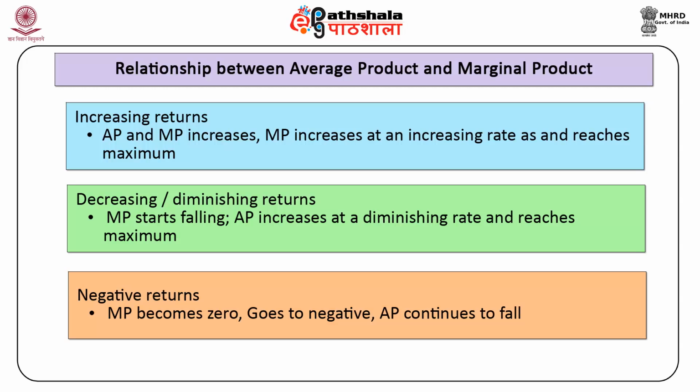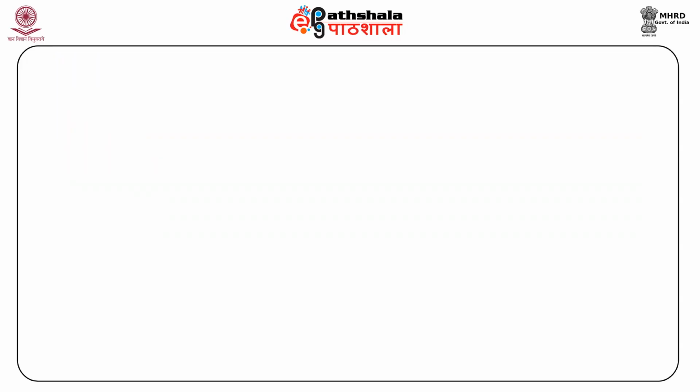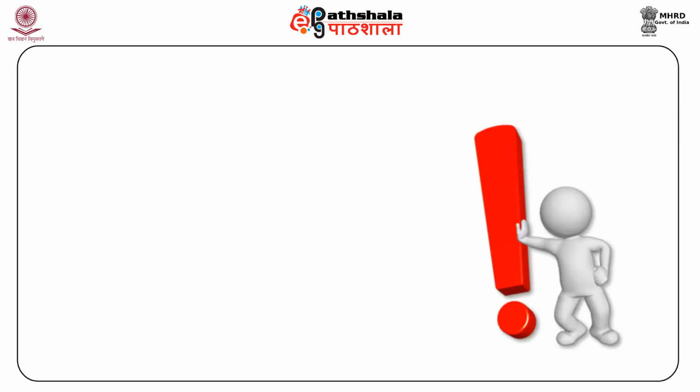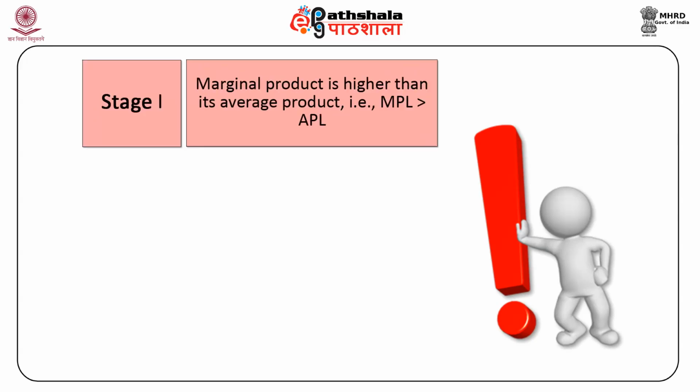In other words, the features of the three stages of production may be described as follows. Stage 1: the marginal product of the variable factor, that is labor, is higher than its average product, that is, MPL is greater than APL.